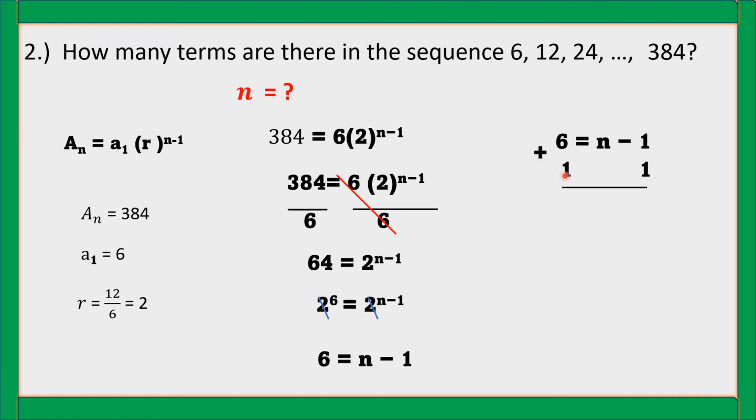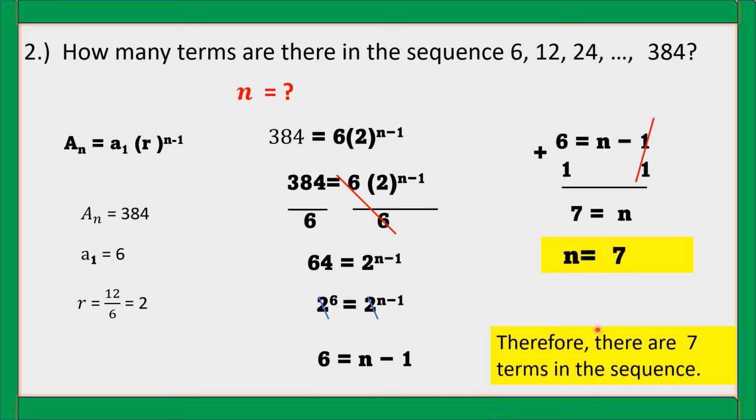So, we're going to add both sides by 1 para ma-cancel out natin itong negative 1 at maiwan yung n. So, cancelled out. Then, 6 plus 1 is equal to 7. Then, bring down is equal to n. Okay, so therefore, the value of n is 7. And it means there are 7 terms in the sequence.